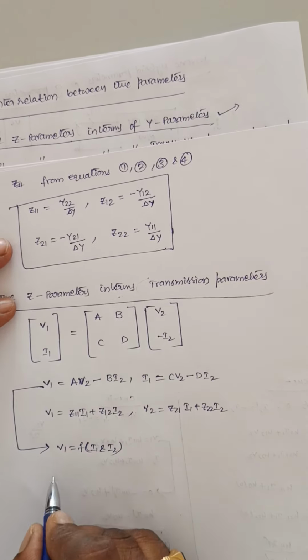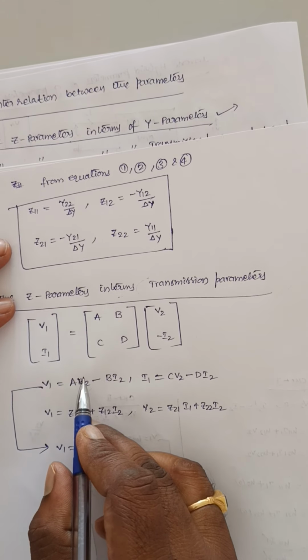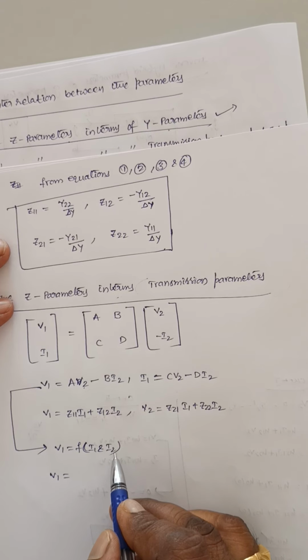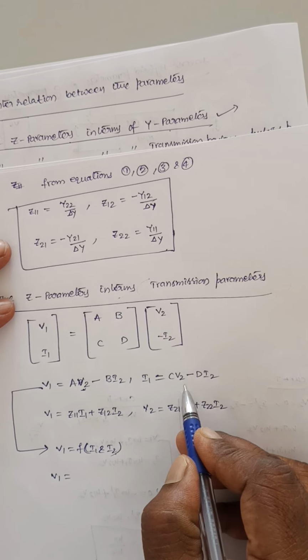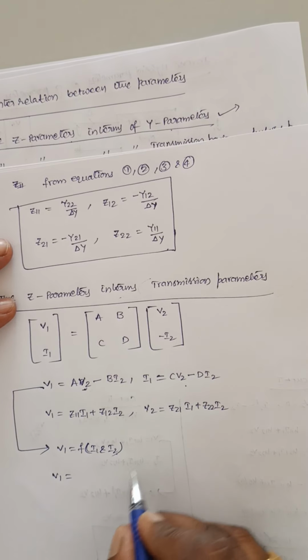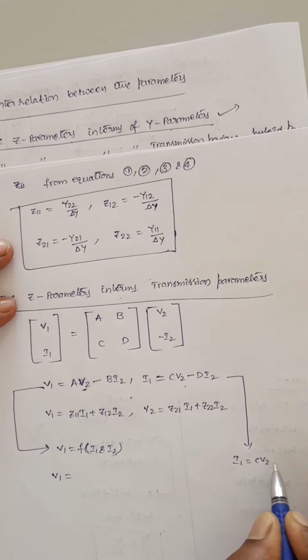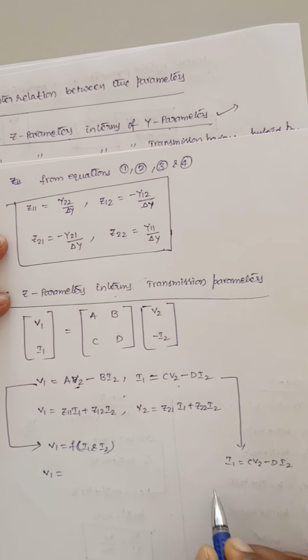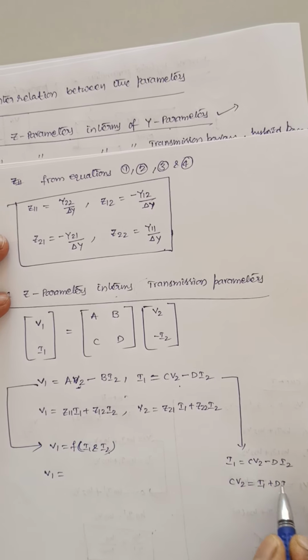From this equation, V1 is equal to, it is having another variable which is not a function of I1 and I2. So I need to convert this V2 using this equation. So you write from here, I1 is equal to C V2 minus D I2. From this, C V2 is equal to I1 plus D I2.